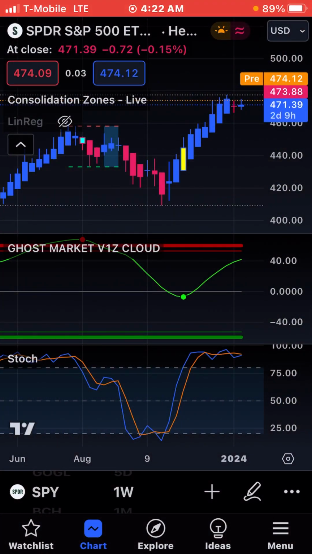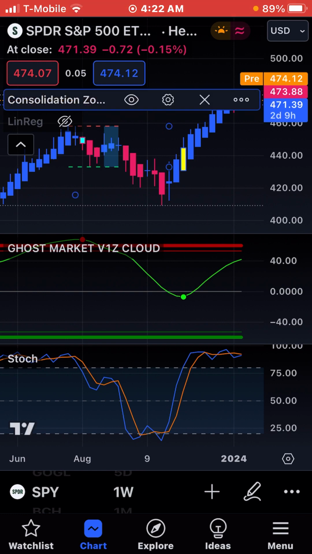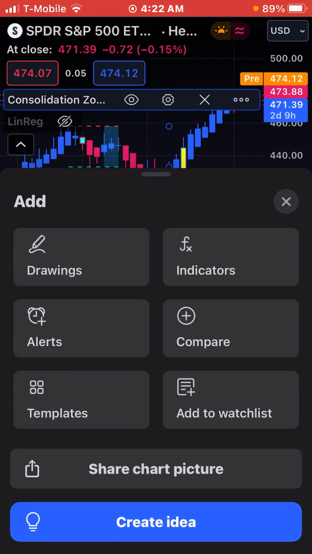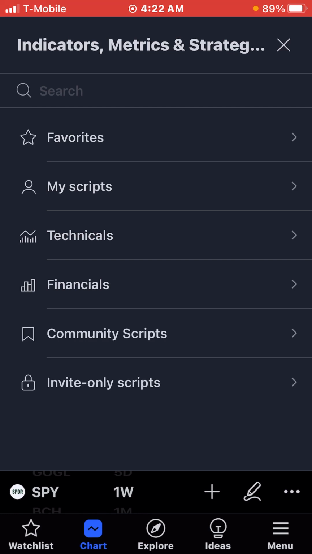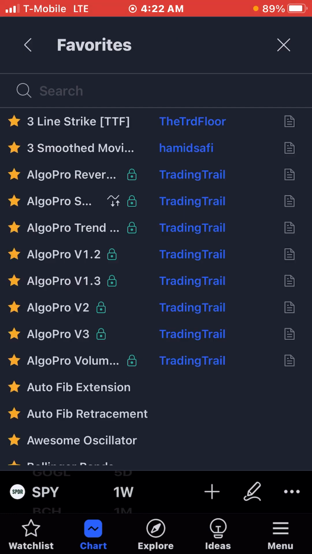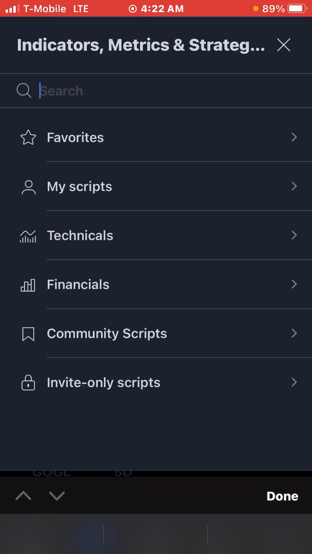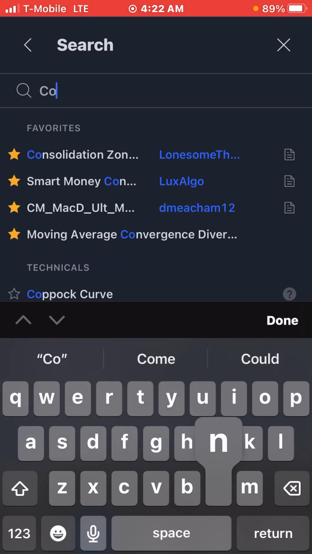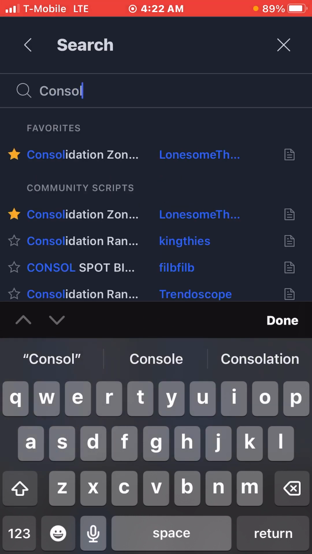Okay, if you want to set this strategy up yourself, there's one paid indicator, the Ghost Market Pro. I'm going to get into that. But I use an indicator called the consolidation zone. If you go to favorites, we'll just type in consolidation zone by Lonesome here.